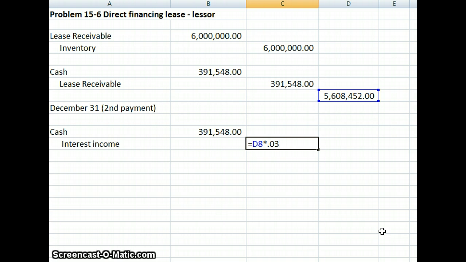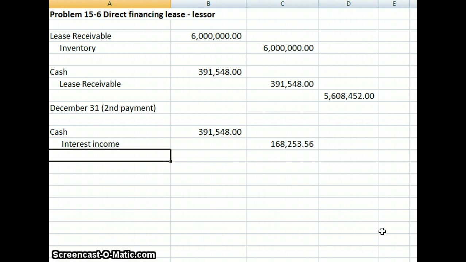Our annual interest rate is 12%, so we divide that by 4 for our quarterly rate, so it's going to be 3% for the quarter. And the amount of interest that we show out there is $168,253 or 254, however you want to round it, if you're rounding.